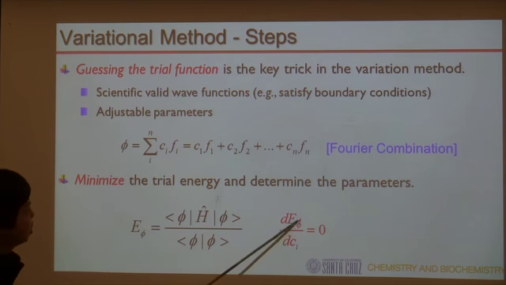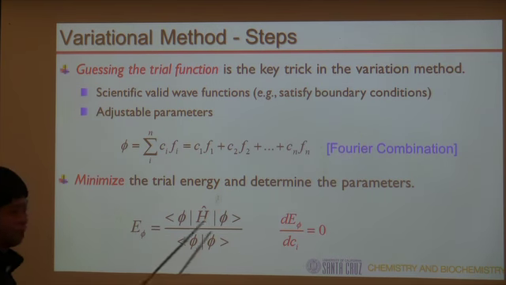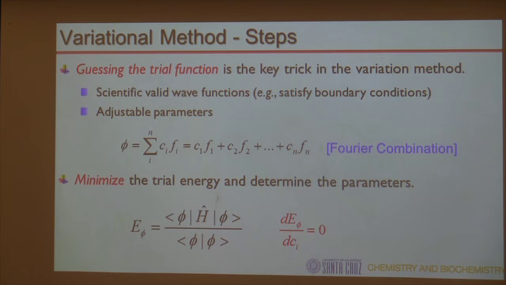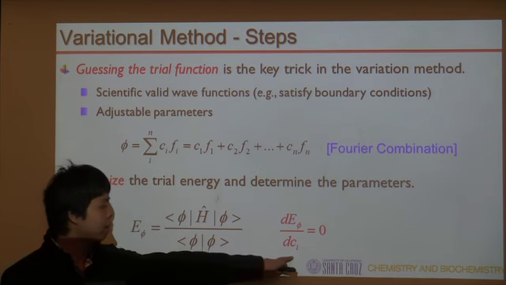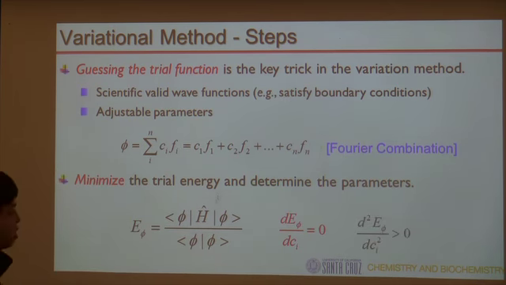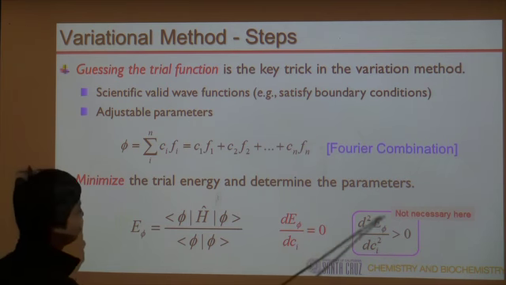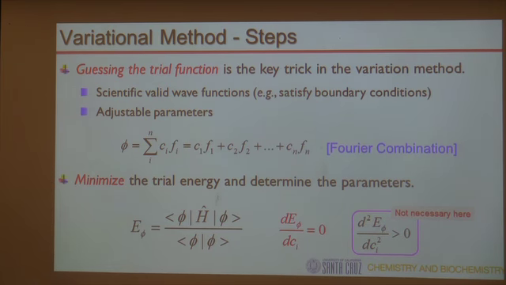Once you change c1, you change your trial energy to be the smallest one. So the first order derivative would be 0, and the second order derivative must be positive. But that's not quite necessary here, because we know there's only one situation where you reach a minimum energy, not a maximum energy.